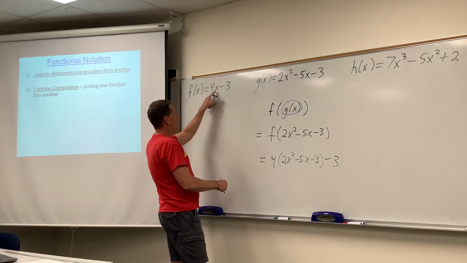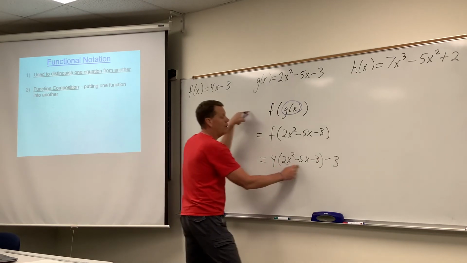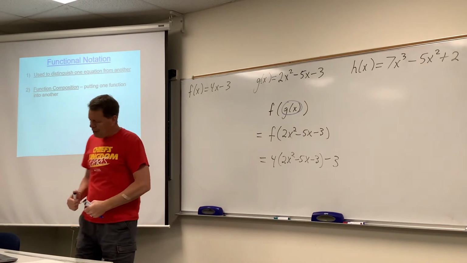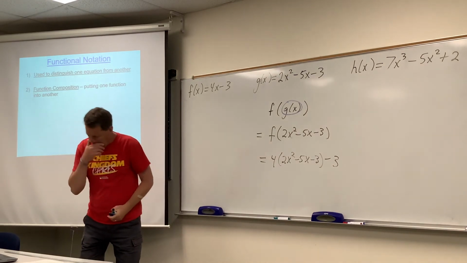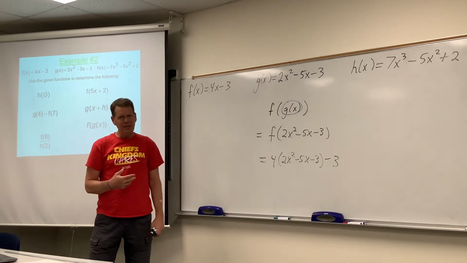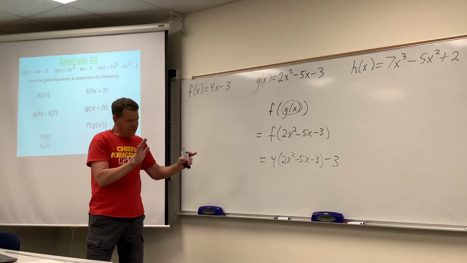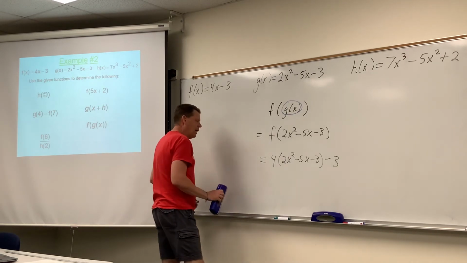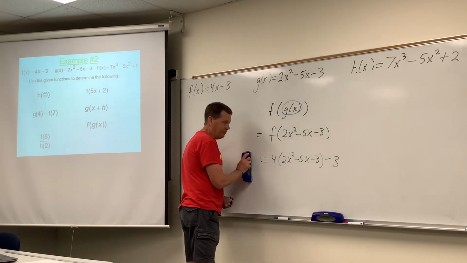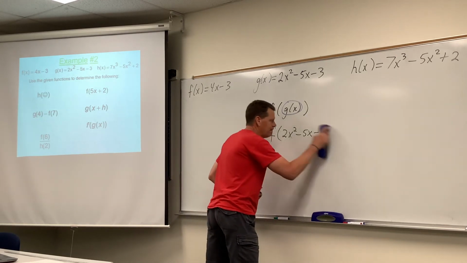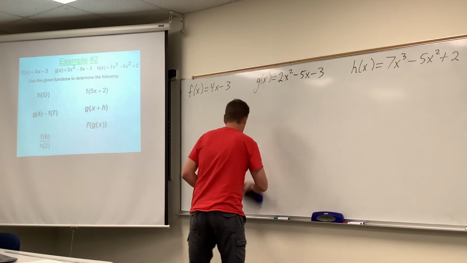So instead of 4x minus 3, it became 4 expression minus 3. Cleaning that up would not be that difficult, but again, in the interest of time, keeping things moving, I would assume the cleanup would not be a big deal to you. So, I'll take it. It's hard for me to say that, but I'm going to. All right. That's f of g. Pause, do whatever you want.